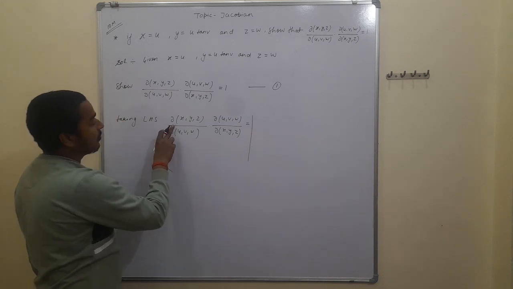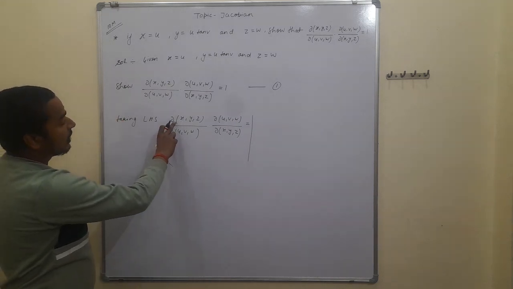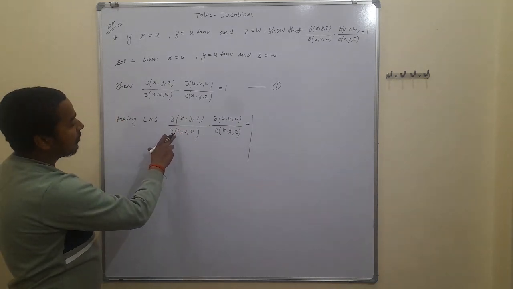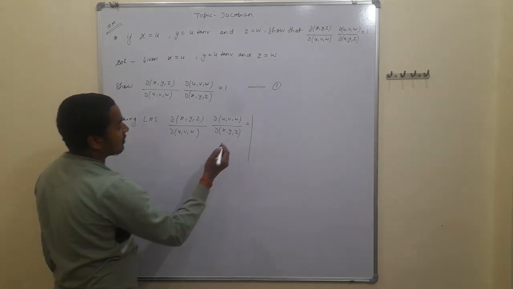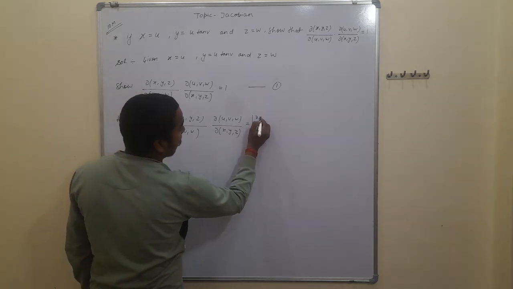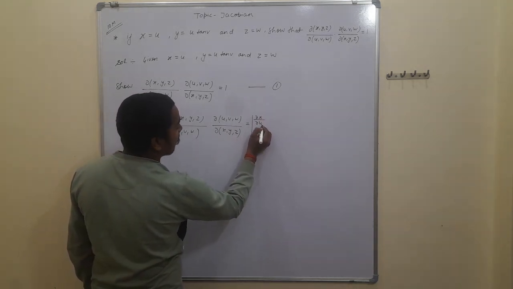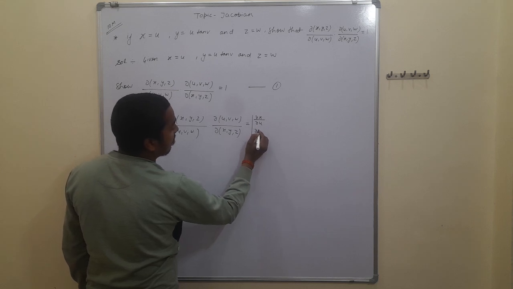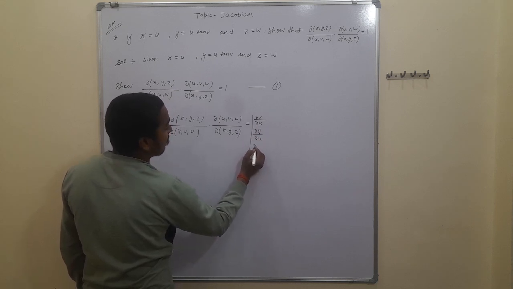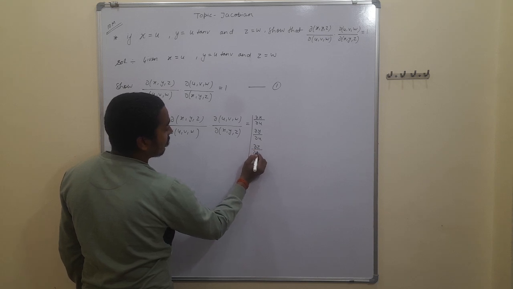First, del of x comma y comma z upon del of u comma v comma w is given by the determinant with first row del x upon del u, del y upon del u and del z upon del u.